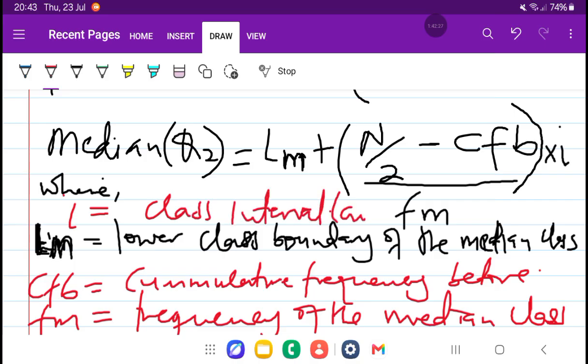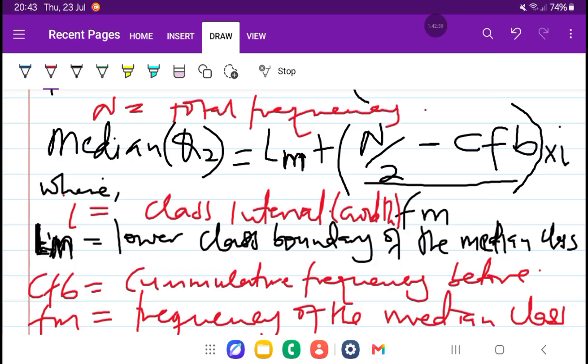Sometimes they call them width. Our n is the total frequency. I know we already learned how to do this. So that's basically what we do if we are looking for Q2, that is the median for a grouped data set.